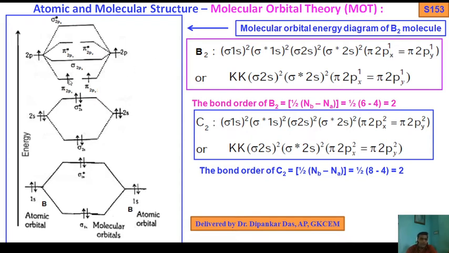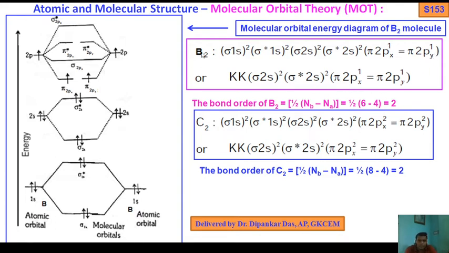Again I tell you several times, these are degenerate orbitals, meaning same energy levels. So electrons first fill singly, and if there are excess, then they pair up. That's why pi 2px contains 1 electron and pi 2py also contains 1 electron. If anyone writes pi 2px2, pi 2py0, it is wrong.